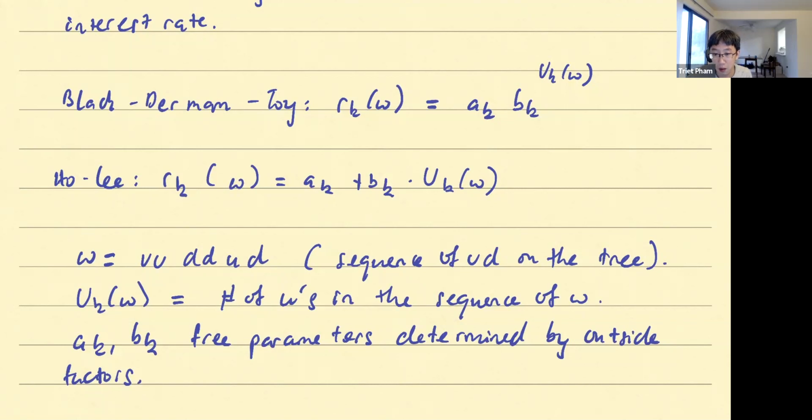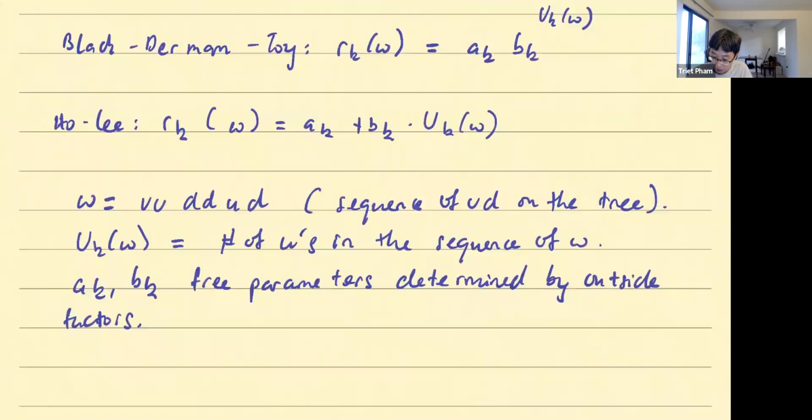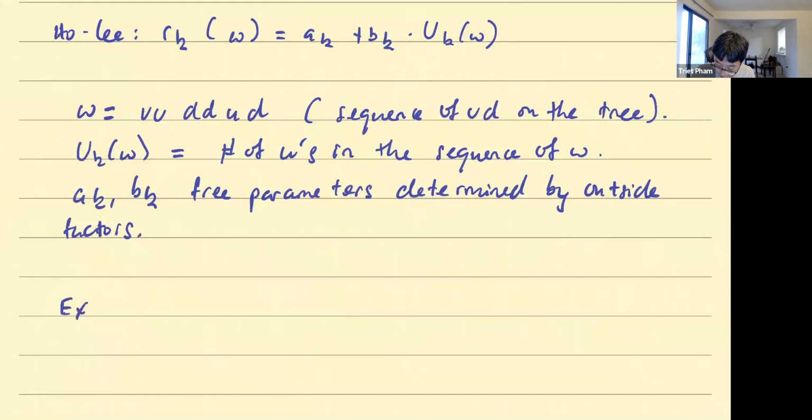For example, we take the two-step binomial tree. You have R0, and then you have R1 and R2.